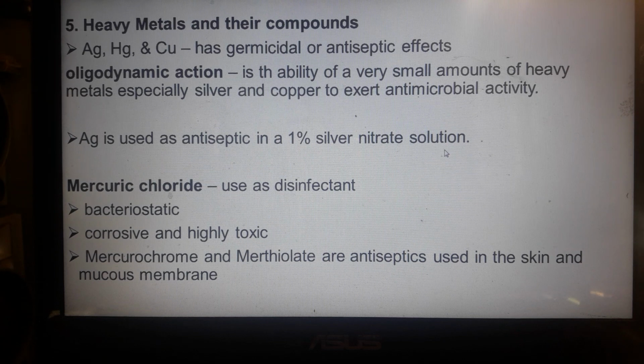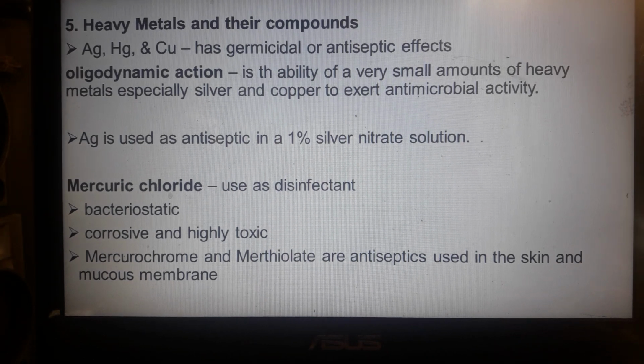Okay, so small amount lang ng metals yan ang mag-bind doon sa bacteria, and it will lead to the destruction of the bacteria. Mercury chloride is used as a disinfectant, so bacteriostatic, which inhibits the growth of bacteria, corrosive and highly toxic. Yes, mercury is considered to be very corrosive.